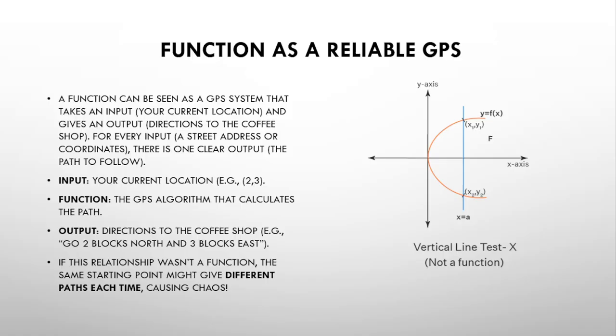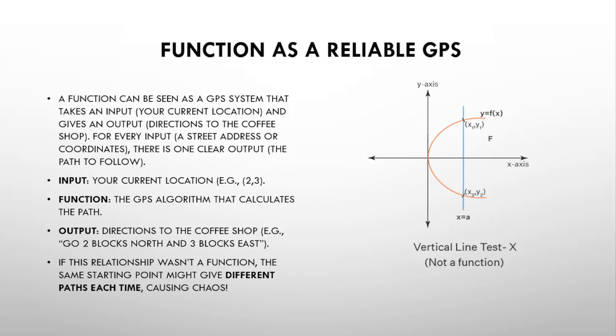And another example. Another way to think about a function is through something we all use every day, GPS. Let's say you're at location 2, 3 and you want to get to a coffee shop. You put your location into the GPS and it gives you one clear route. That's a function.